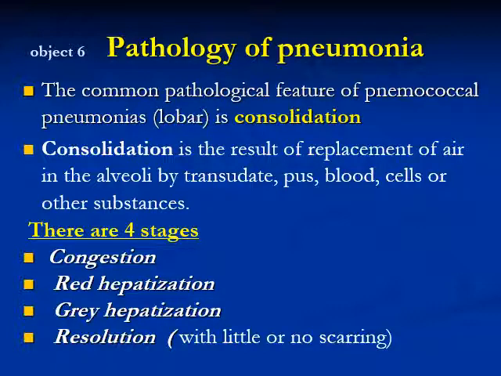We come to the pathology of pneumonia. As mentioned, the commonest type of community-acquired pneumonia is pneumococcal pneumonia, which is caused by Streptococcus pneumoniae. Usually it is called lobar pneumonia, and the pathological hallmark of pneumonia is consolidation.